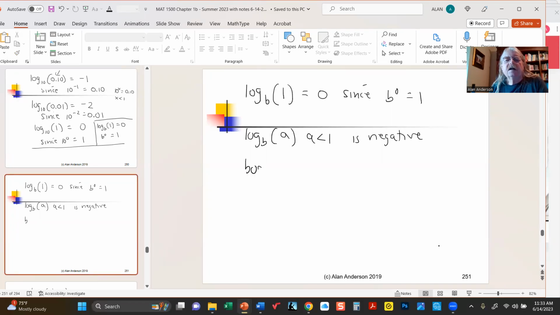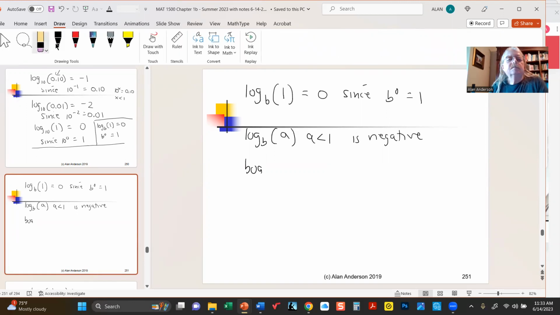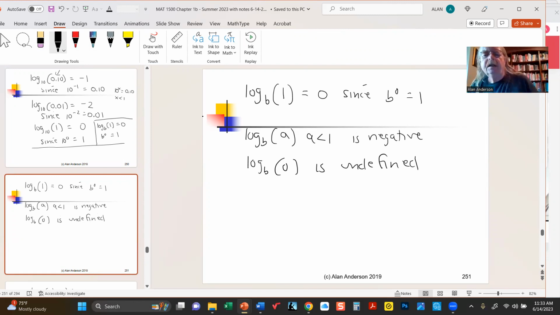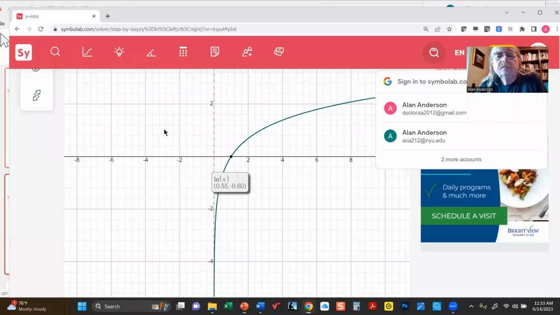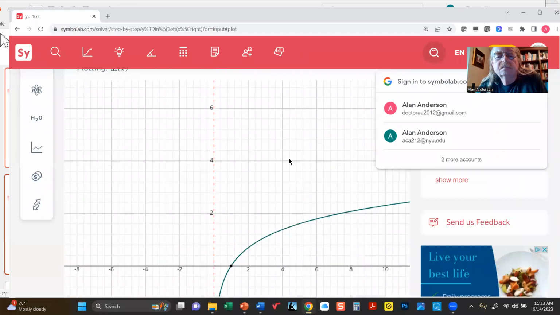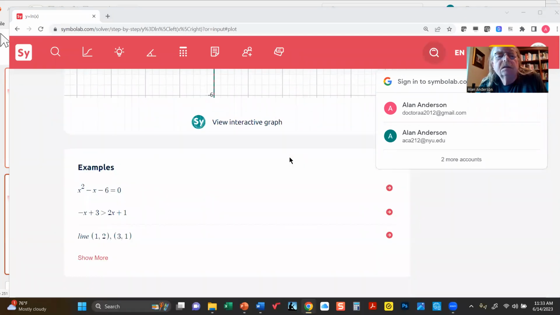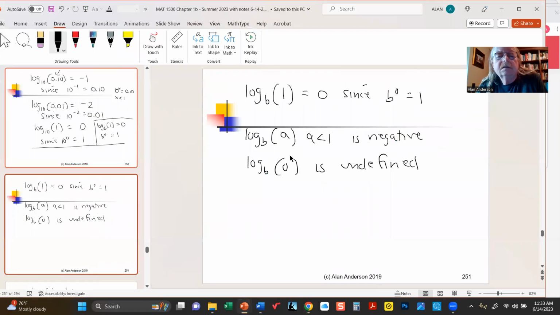And then finally, the log base b of 0 is undefined. Okay, and that's true for all bases.